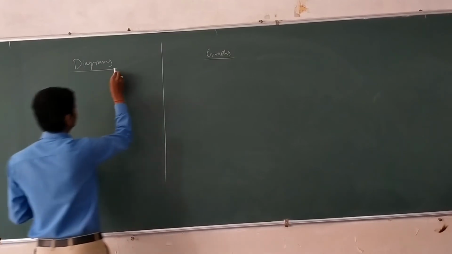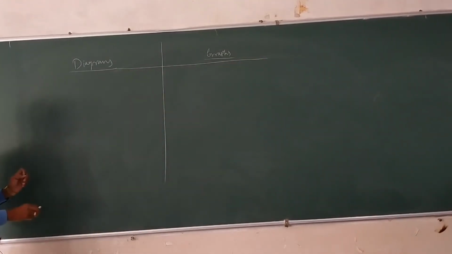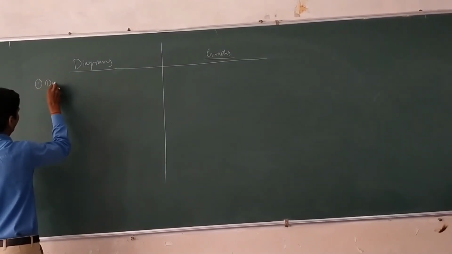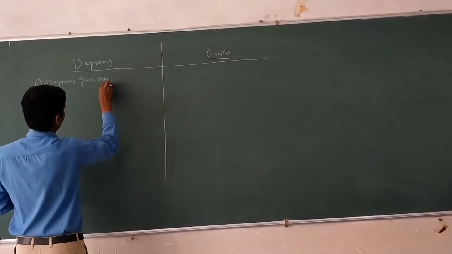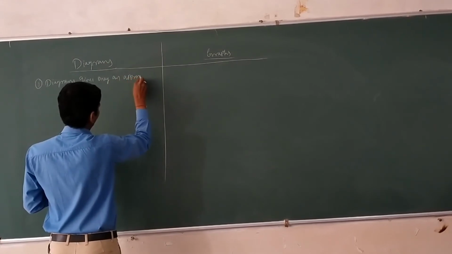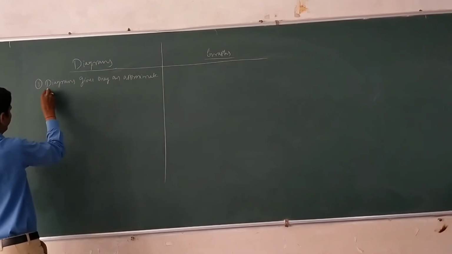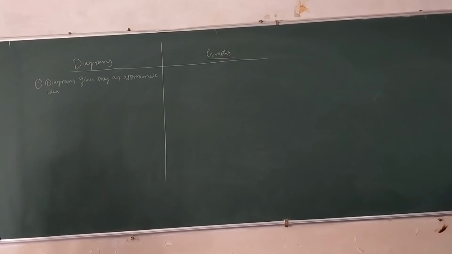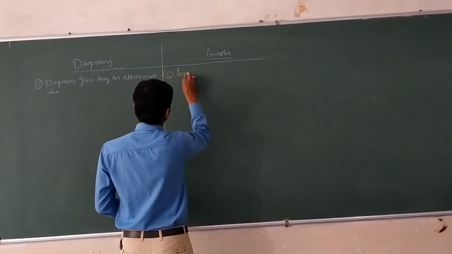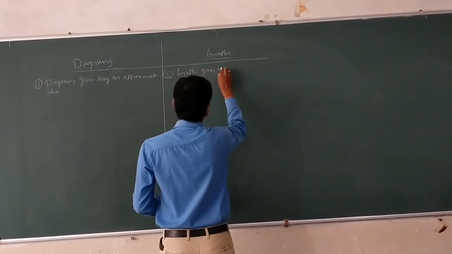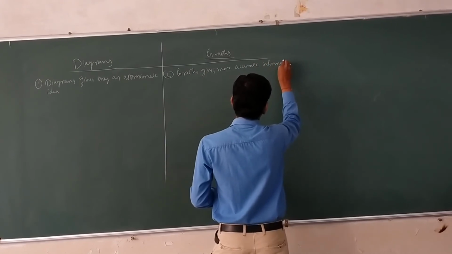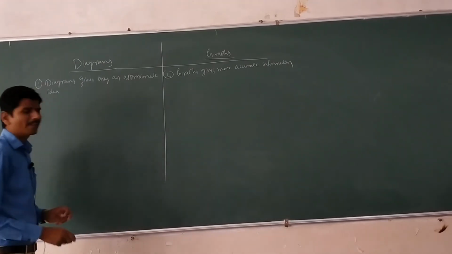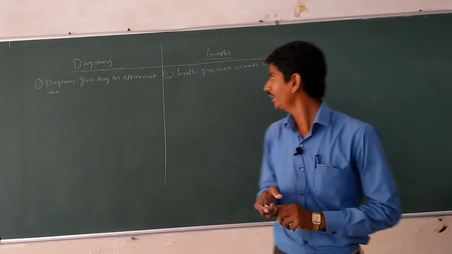Here the first difference is, diagrams give only an approximate idea, and graph gives more accurate information.